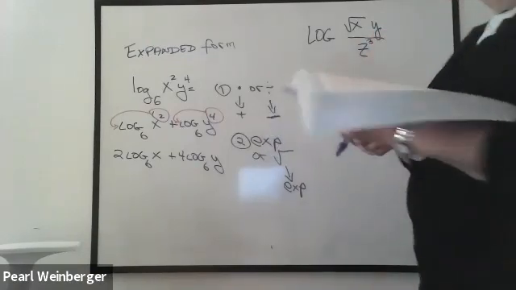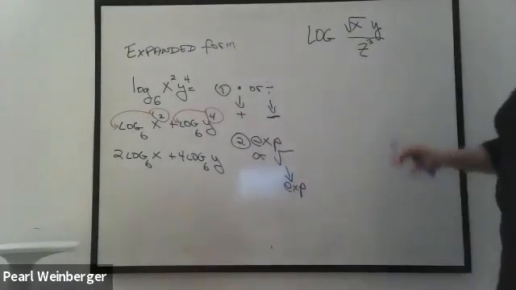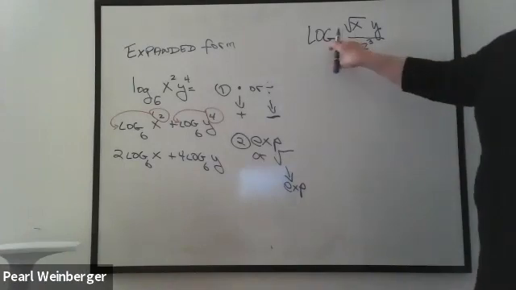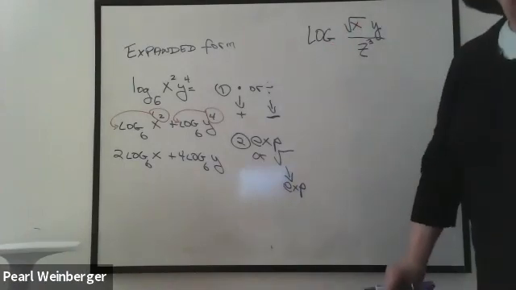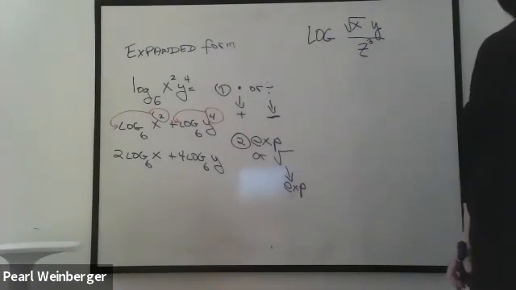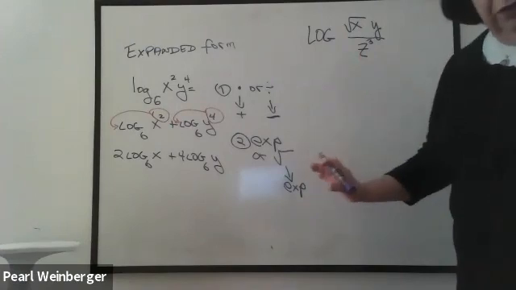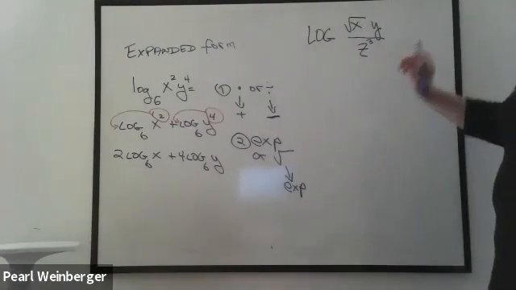I'm putting a line through it so it shouldn't look like a T or a number 2. Okay, notice I did not put any base here, but we know that's not a mistake. It means that my base here is 10. It's a common log, and therefore I don't have to write the number 10 in.